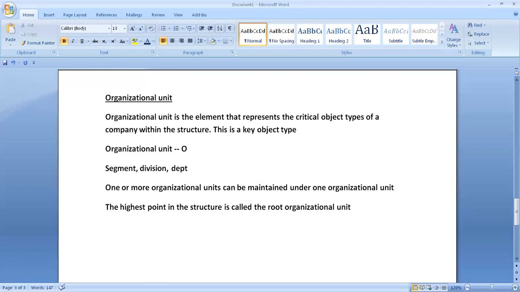To identify this type, it is maintained as O.